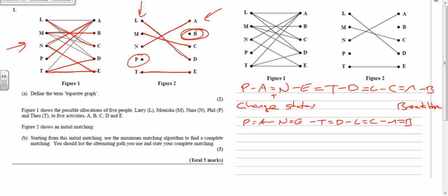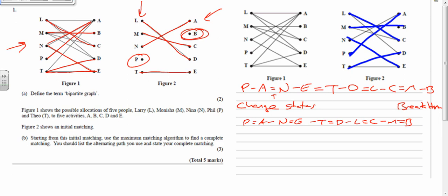In the absence of having a blank one here, what we now do is we match up. So P is now matched to A, N is now matched to E, T is now matched to D, L is now matched to C, and M is now matched to B.